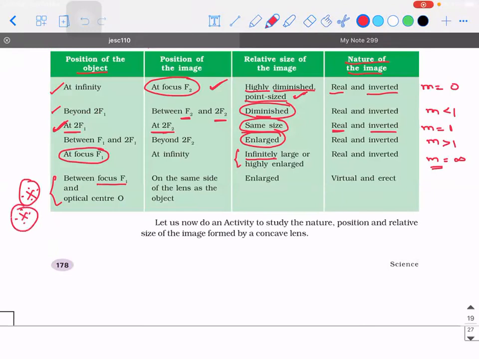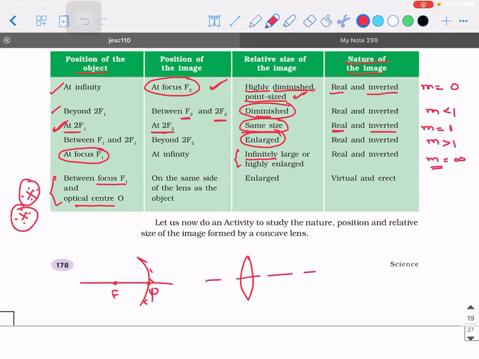When the object is placed between the focus and the optical center, this is similar to what case in a concave mirror? The optical center, in the case of a mirror, is the pole. Concave mirror and convex lens are both similar. With a concave mirror, when you place the object between the focus and the pole, the image formed is virtual.